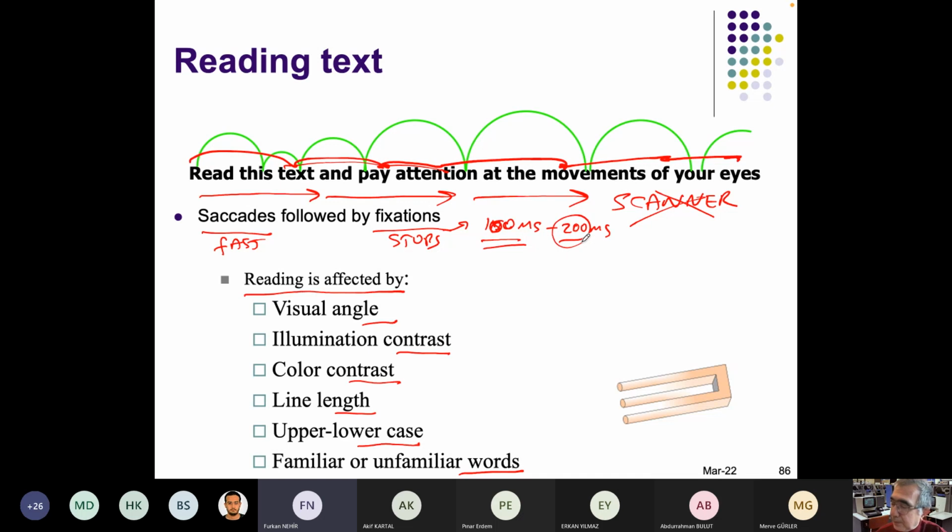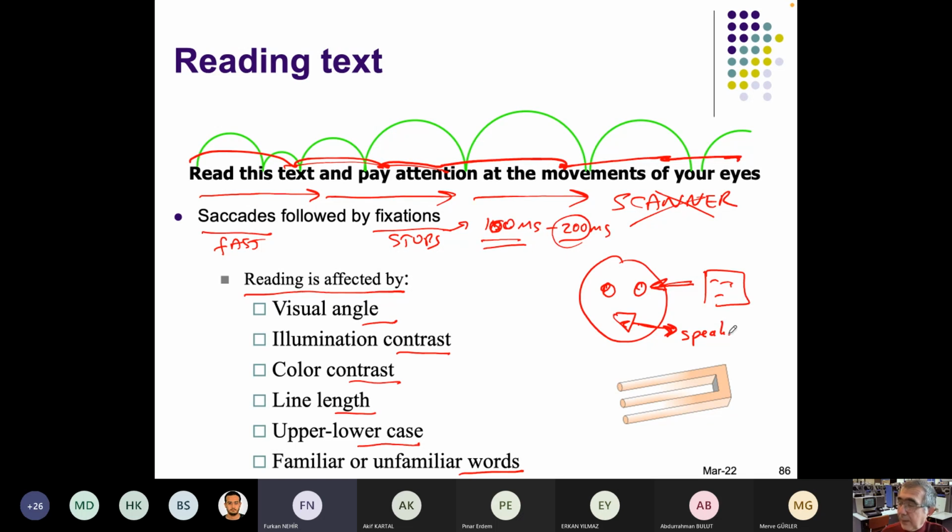And there was a reading out loud experiment that I was doing, and there was a book. The person was reading the book, okay, and he or she was speaking as he reads.